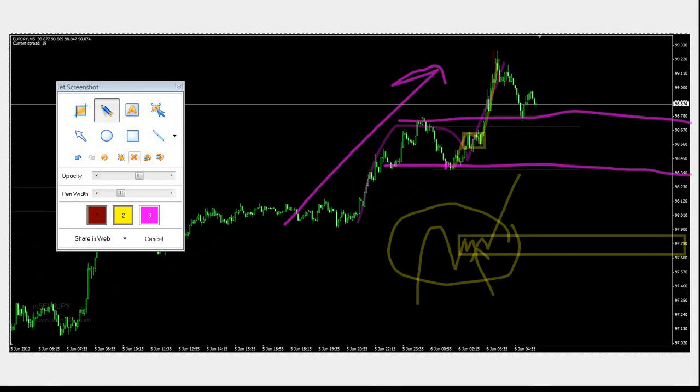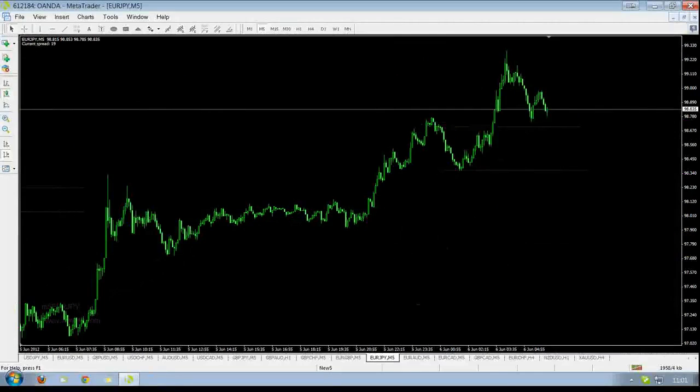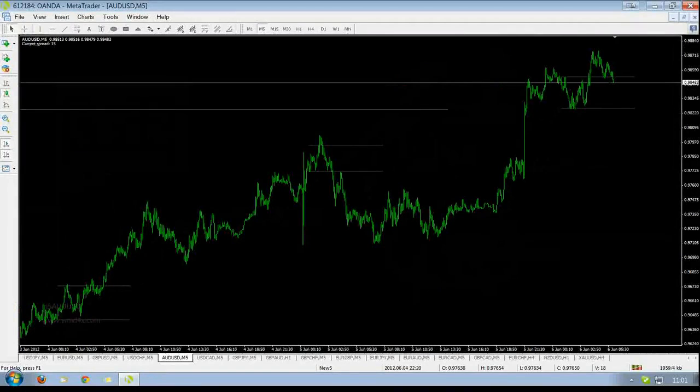Once that nearest price area gets taken out, that is the point you would start looking in the other direction, using that support resistance technique. And that's Euro JPY.